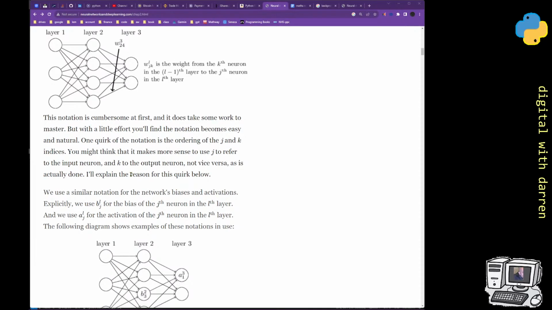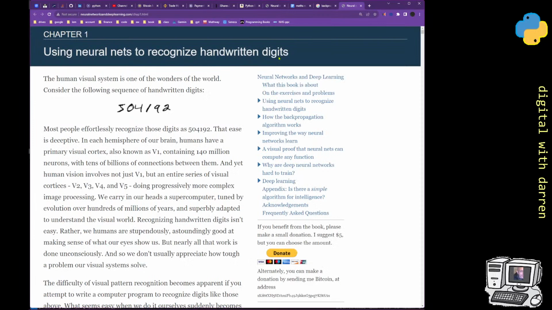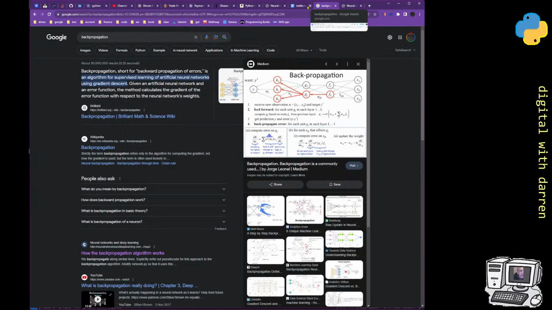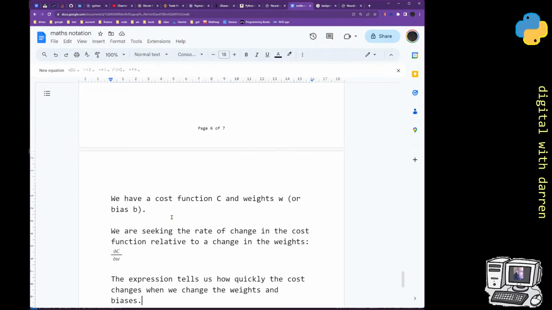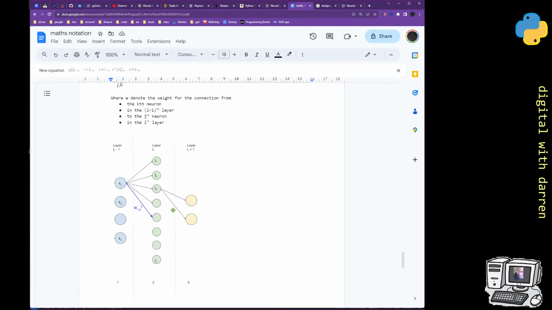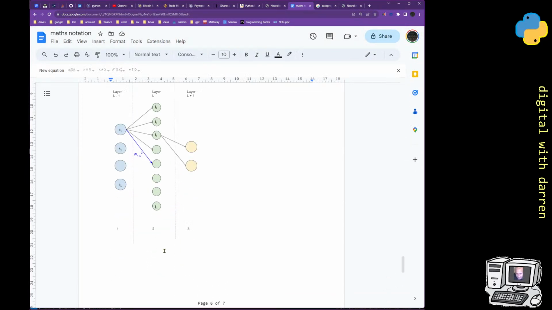So that's really it. But one quirk is the ordering of the J and K indices. I might just take this little piece here and go to the maths thing here. I did have a little bit of room, so I can paste it in there, paste without formatting, one quirk.